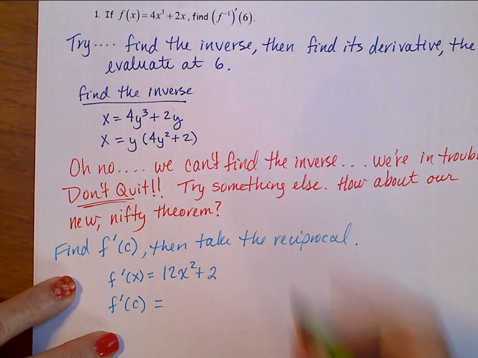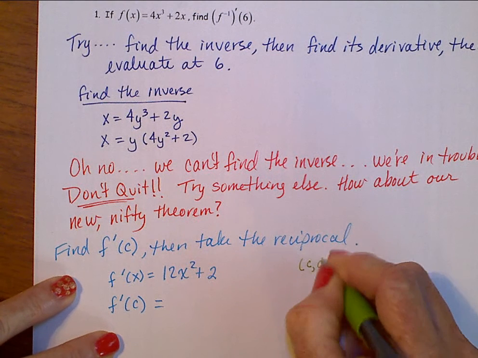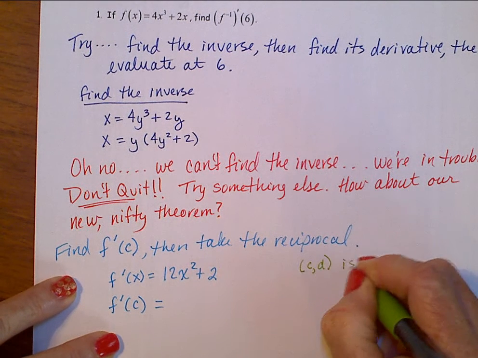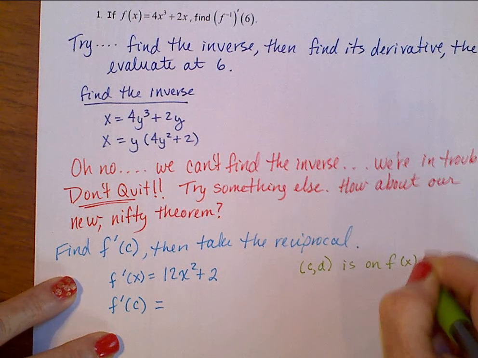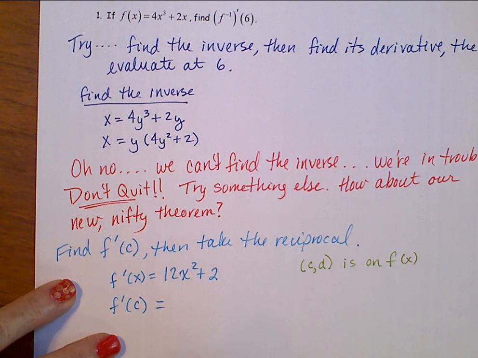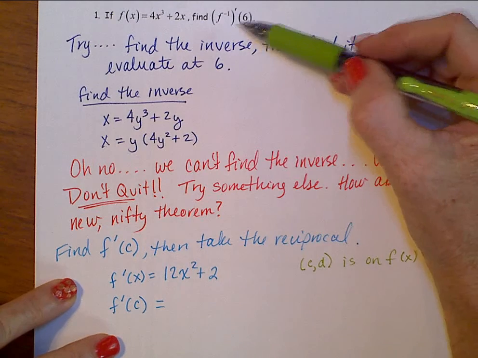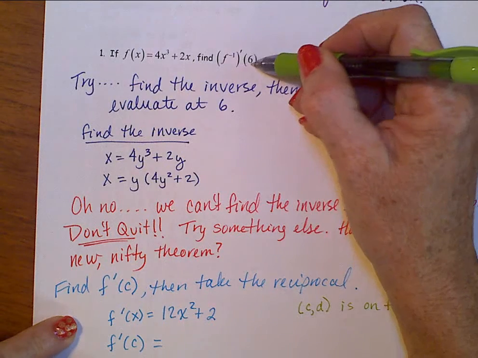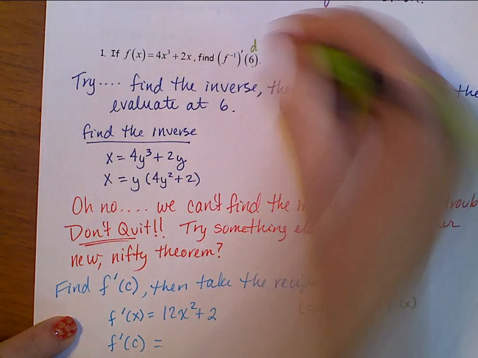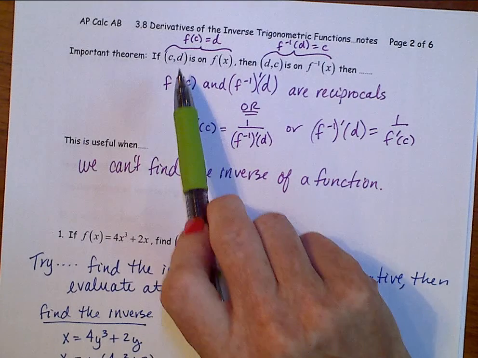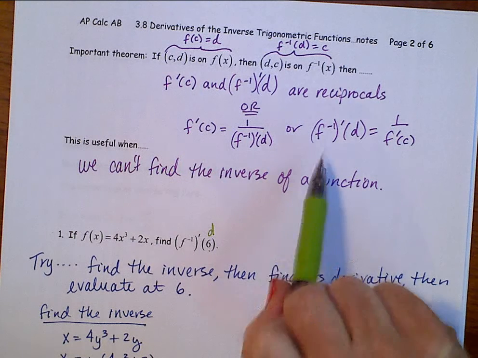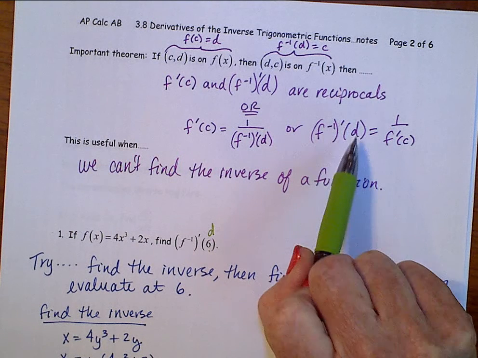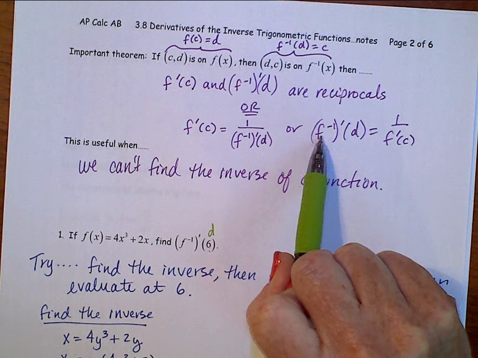But we do know that (c, d) is on f(x), and we know that this 6 up here is the d value. That's the d value coming right back up here. f inverse prime at d, that's what we're looking for.